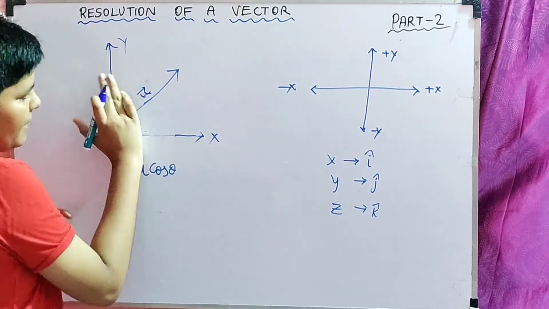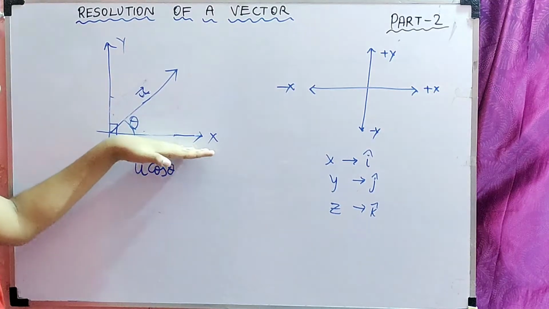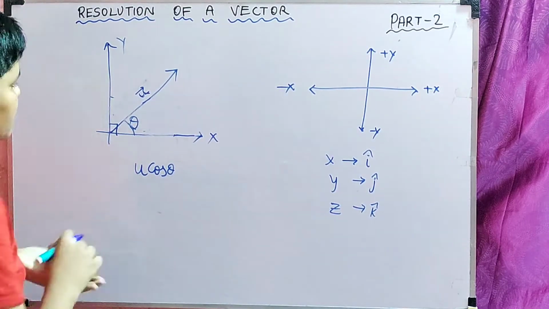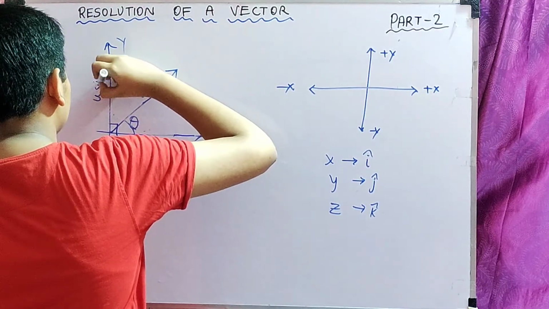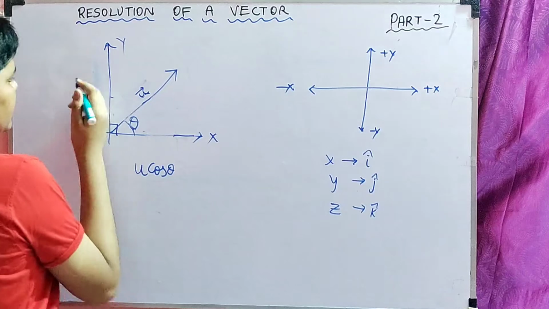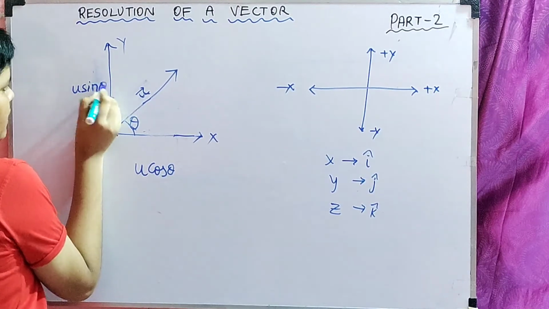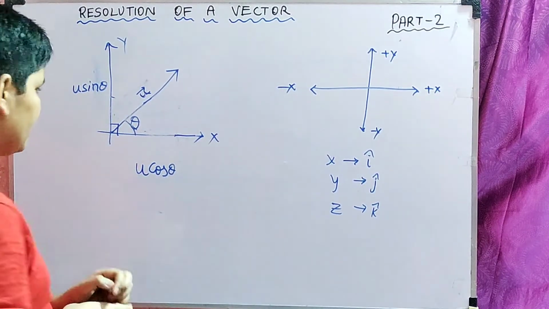And the perpendicular side, which is the y-axis, you need to take as u sin theta. This is how you find the resolution of a vector.